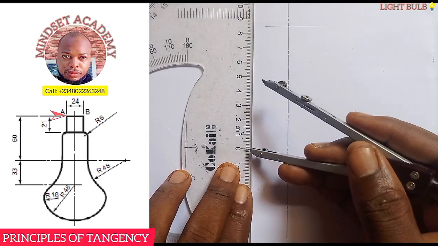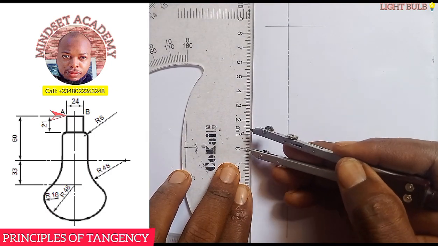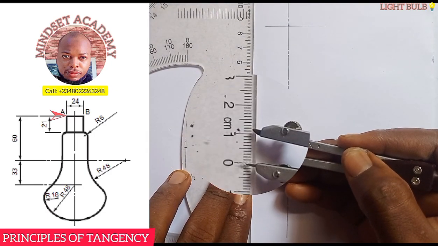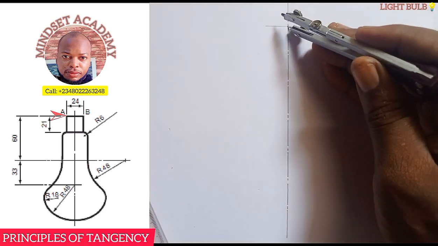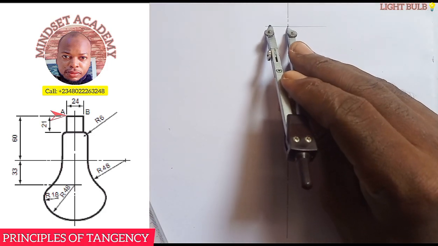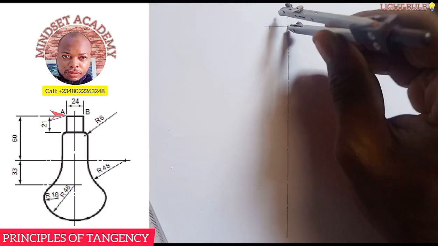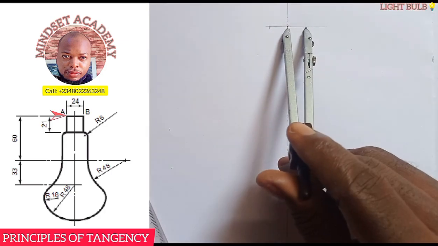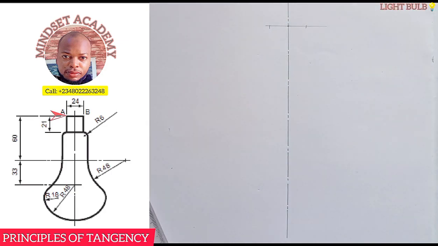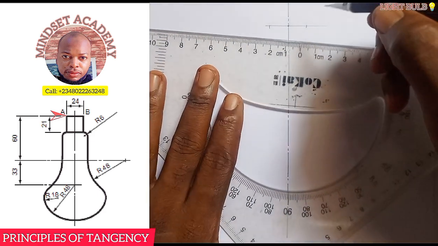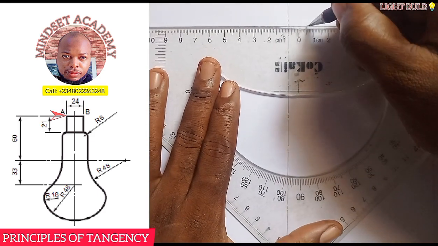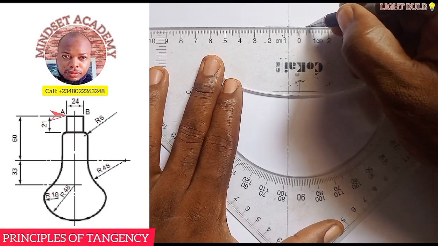The reason is this: if I measure 12 from here, I will come to this point where the two lines intersect, and I measure 12 to the left and also 12 to the right. Can you see that? So that is what I am going to thicken from this point to this point.